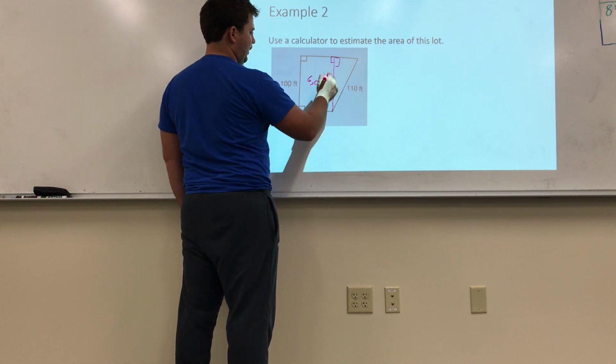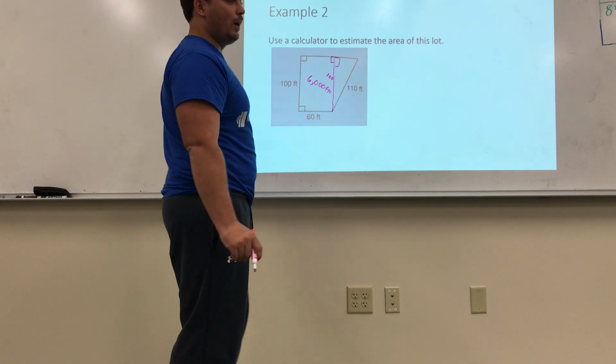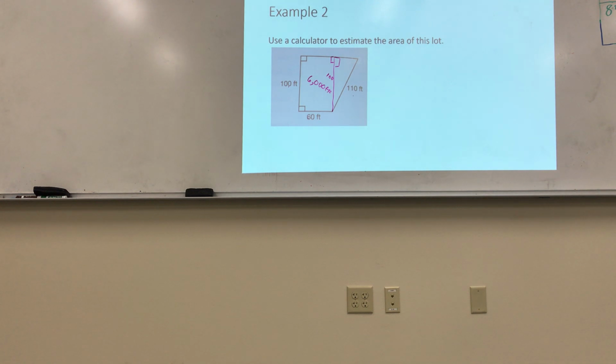Now here we have 100, we have 110. This is why they're saying use a calculator, because we are going to have to use something we learned earlier in the year, the beginning of the year, which is the Pythagorean theorem.